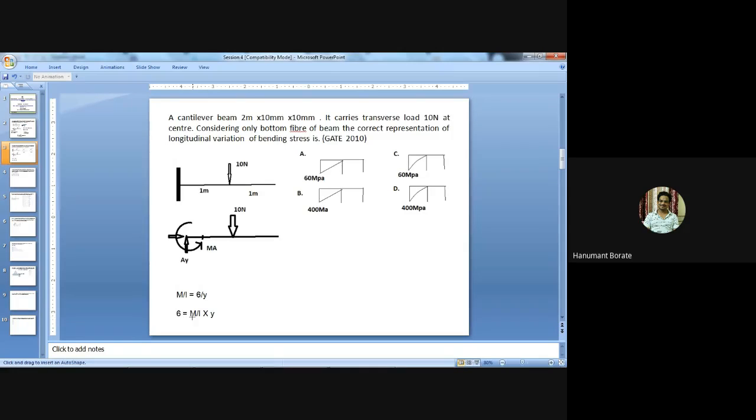So sigma equal to M by I into Y. First we need to find the value of MA.